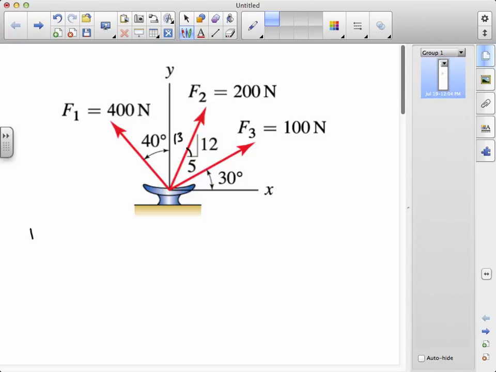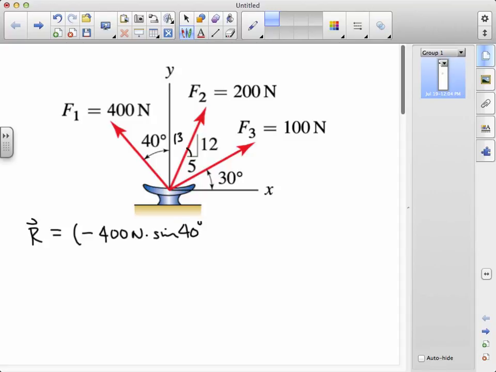So in writing our expression for the resultant and collecting all the i terms first, we have 400 sine 40 degrees as the x component magnitude of F1, but it's in the negative x direction, so we'll write it as minus 400 newtons sine of 40 degrees.